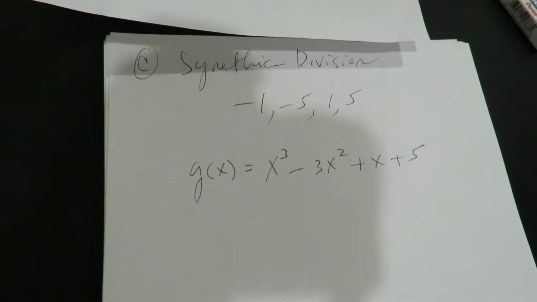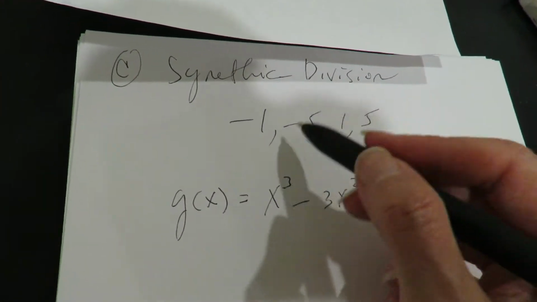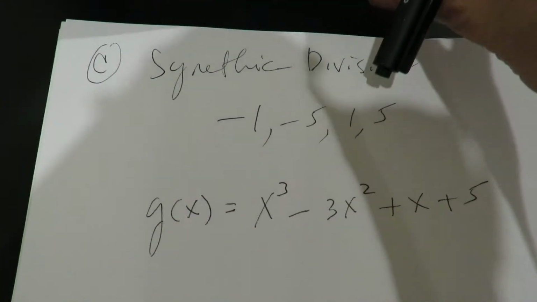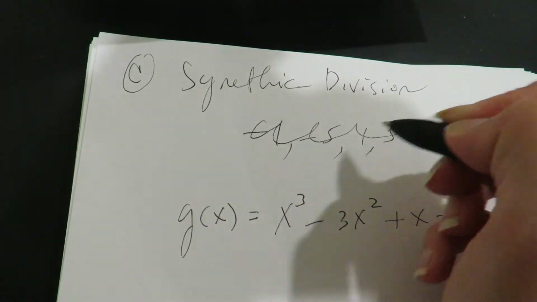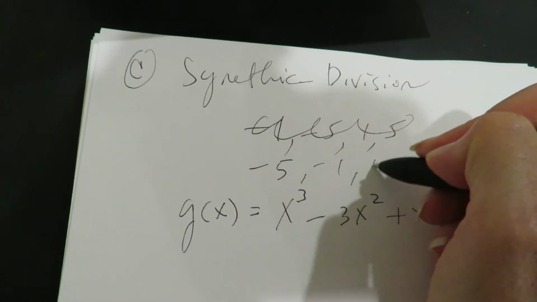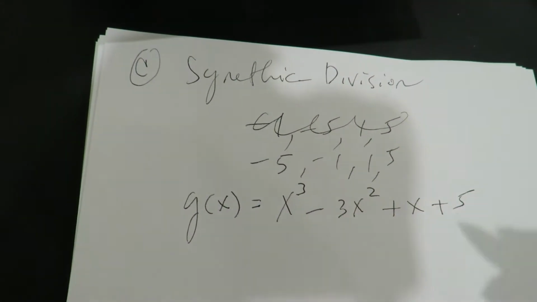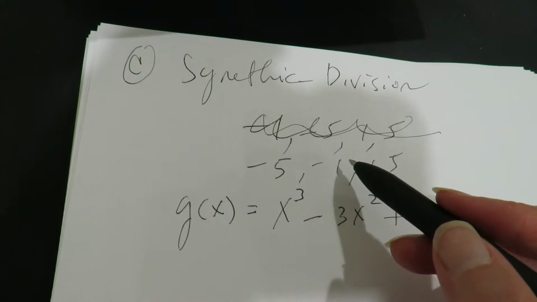I'm just going to rewrite it here. It's a little easier for me. I'm going to pick something in the middle. Oops, I didn't write it in order. I'm sorry. Negative 5, negative 1, 1, and 5. Okay, I'm going to go with something in the middle.